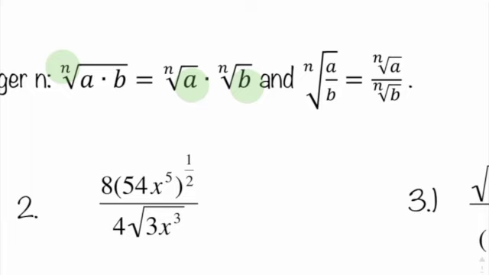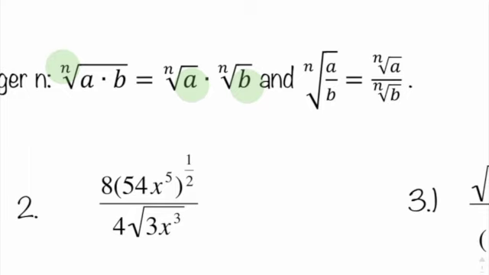So because they're both nth roots, I can just multiply what's inside the radical together. So a can be multiplied times b under the same root. Same thing with division. If both of these have the same index, same root, then I can divide the a and b inside the roots under the same root.